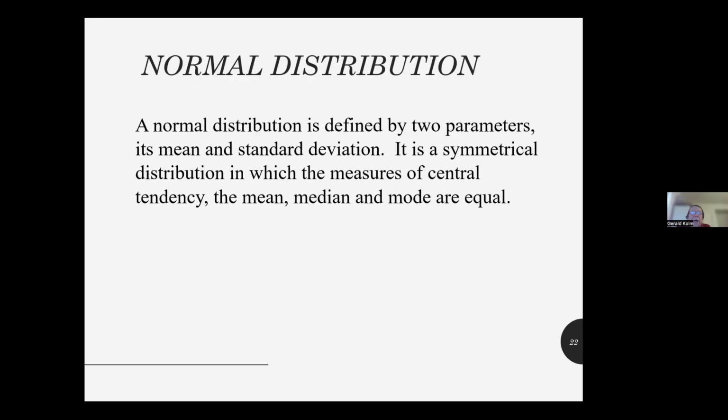And so I'll just spend a little time here on the normal distribution, since that's probably more familiar to everyone. A normal distribution is defined by 2 parameters, its mean and its standard deviation. It's a symmetrical distribution in which the measures of central tendency, the mean, the median, and the mode, are all equal.